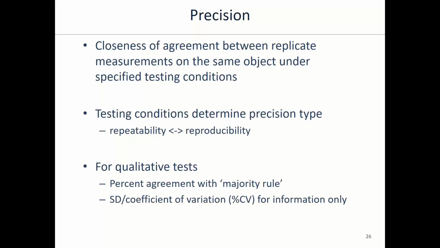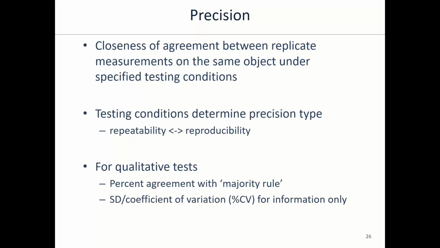Now, what is particular for a companion diagnostic, because it's most likely a qualitative test, just discriminating between positive and negative cases, is that we will express precision in this case as a percent agreement with the majority rule. As I said, just to evaluate how close the different measurements of the test are together.